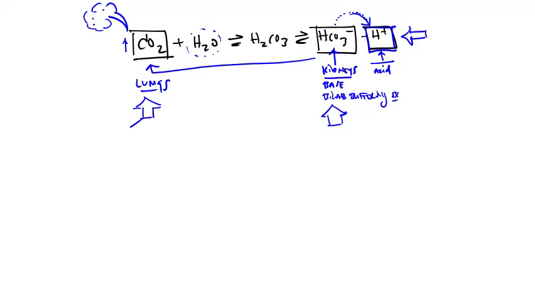We already know that CO2 can be increased and can be decreased in the system, and this is done through ventilation. So overall, if there is an increased or decreased amount of CO2, what we're talking about is a respiratory process.